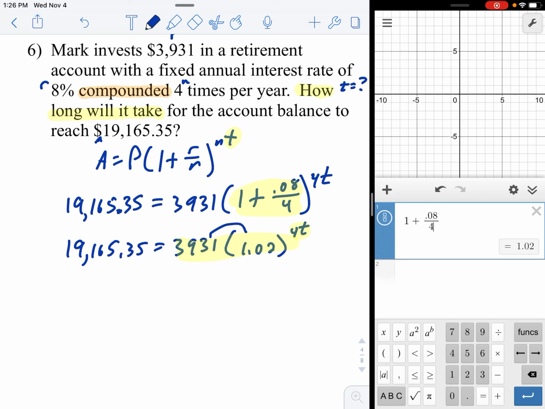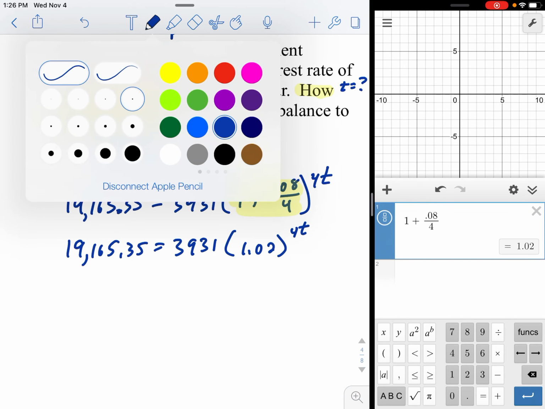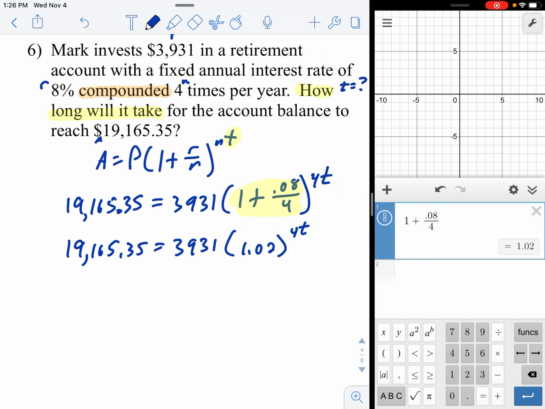You cannot actually multiply these together because 1.02 is attached to a variable power. So it kind of makes it an unlike term. You cannot multiply those. Instead, what you need to do is solve this like an algebra problem. This is times, so you need to divide both sides by 3931.